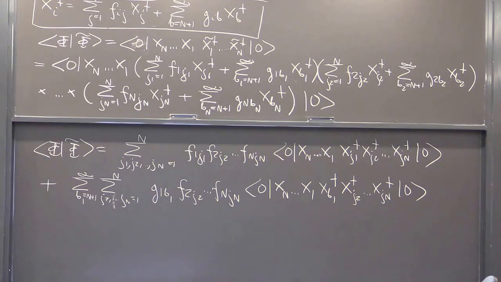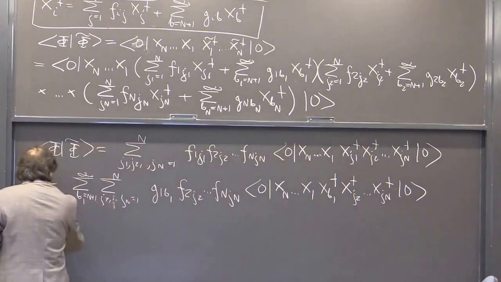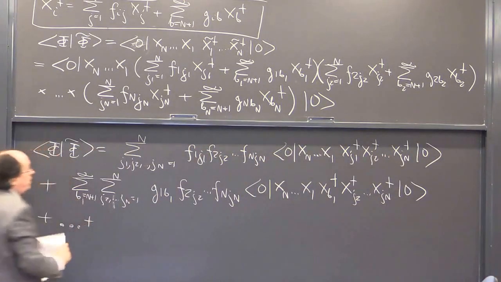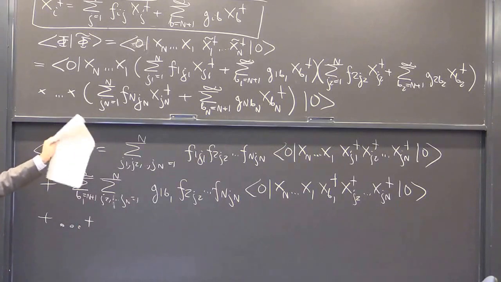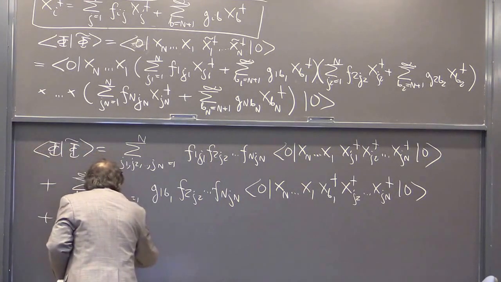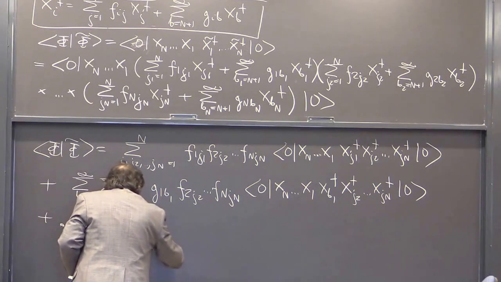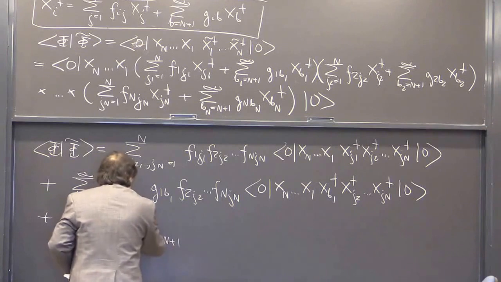And then, if you continue doing this, the very last term, that's what I'll write now, will be a term where you pick up the g components from each of the bracket expressions. So let's have it also for completeness. We have a summation over b1, b2 through bn, running from n plus 1 to infinity.